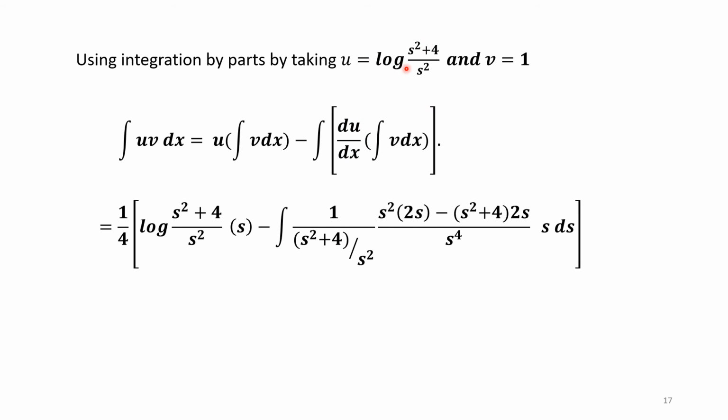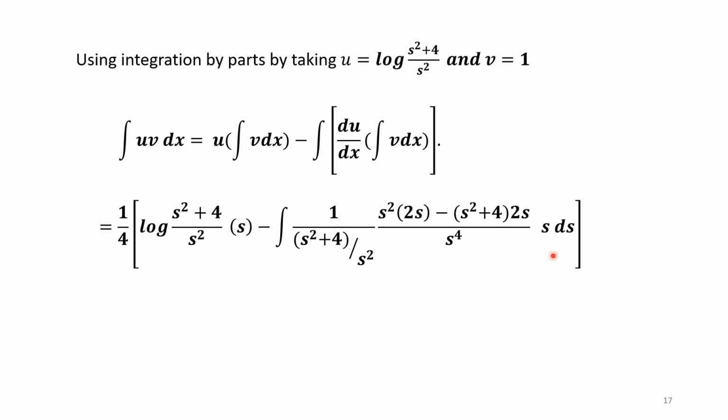Derivative of u, log derivative is 1 upon the function into the derivative of (s square plus 4) upon s square. So to calculate the derivative of (s square plus 4) upon s square, we have to apply the u by v rule. So it is v into derivative of u, which is 2s, minus u into derivative of v, which is 2s, upon denominator square.